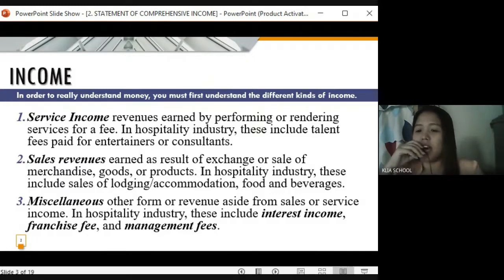Usually nakaka-experience nito yung mga sikat na mga artista. And then suddenly, if you'll be checking in a five-star hotel, they will accommodate you with extravagant nga naman. Kumbaga yung tinatawag na bongga na entrance. Okay?